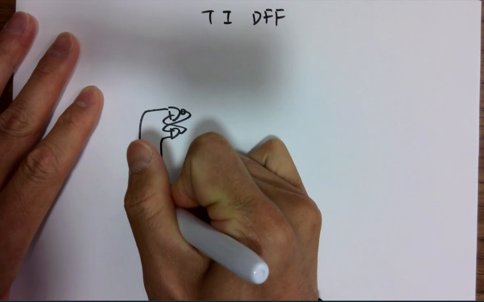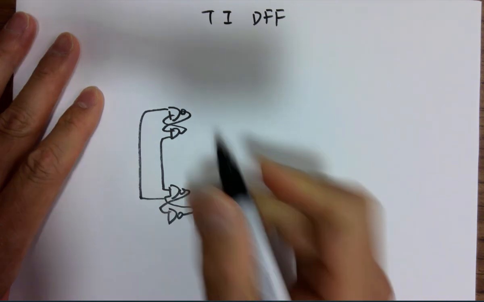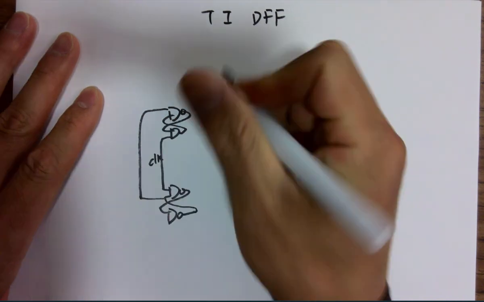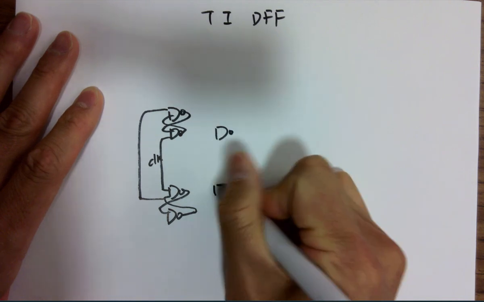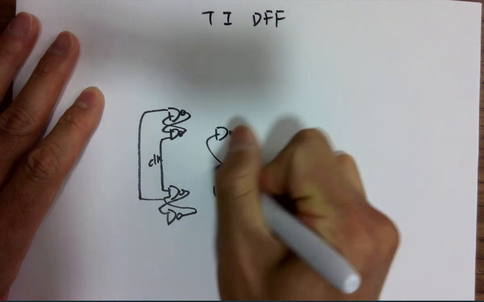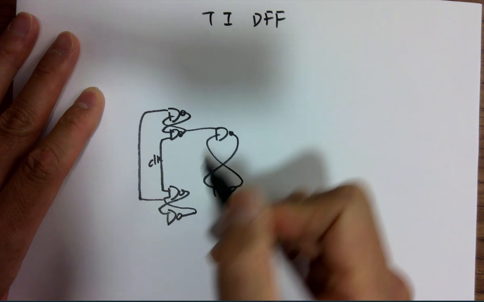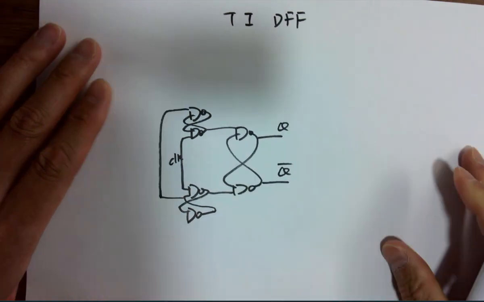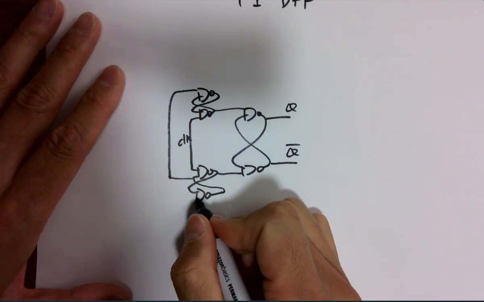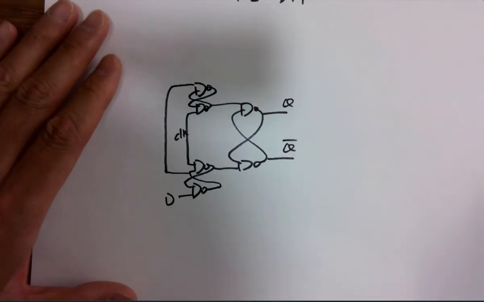Clock going to here. That's a NAND gate as well. Output, Q not, D.